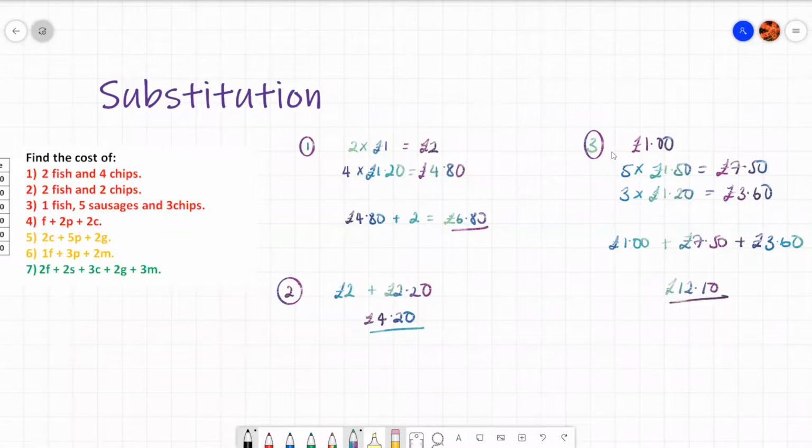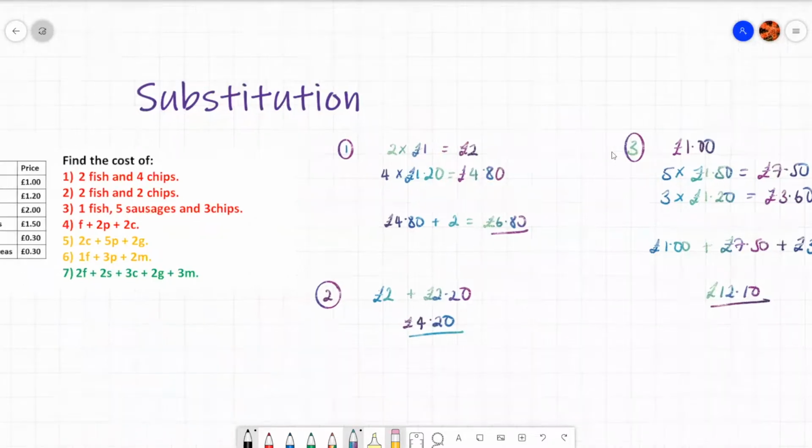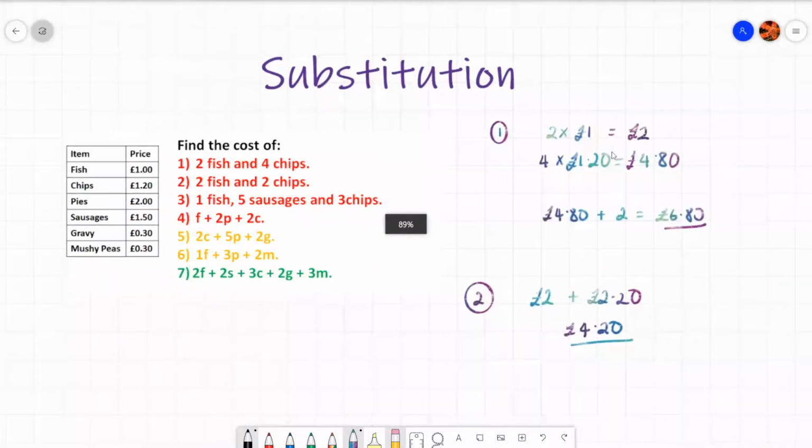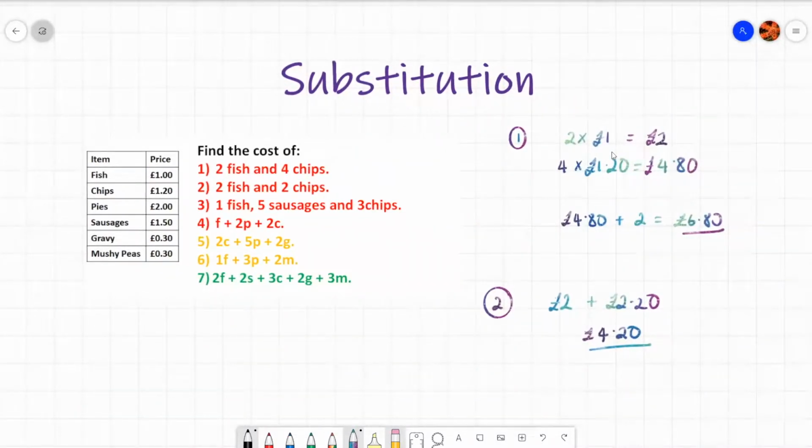So pretty simple and straightforward questions, and they're pretty simple to understand. However, it changes here a little bit because now it says find the cost of f plus 2p plus 2c. Well, what do you think that means?